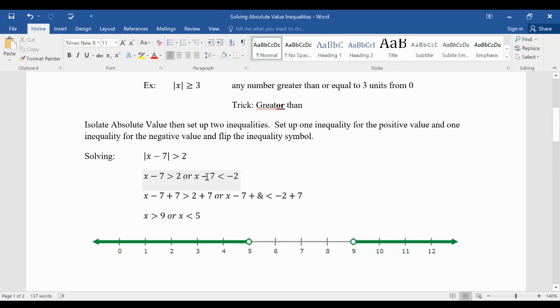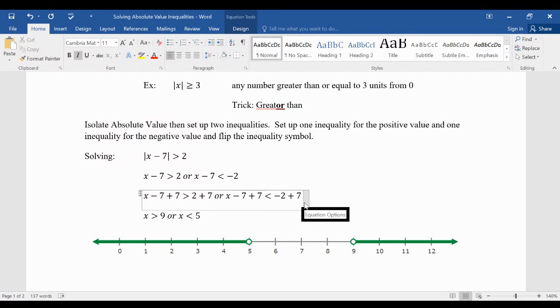On this side, the second one, x minus 7, we would add 7 to both sides. Excuse me, there's a typo there. We would be adding 7 to both sides. So adding 7 to the -2, this would cancel, and -2 plus 7 is 5. So here we've got x is less than 5.